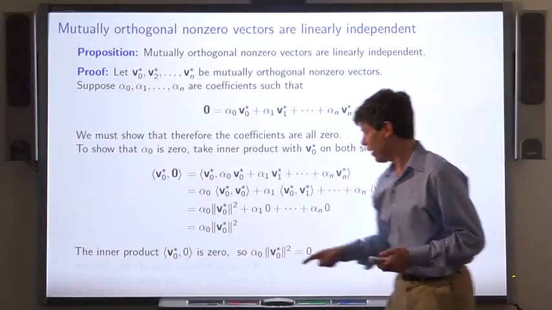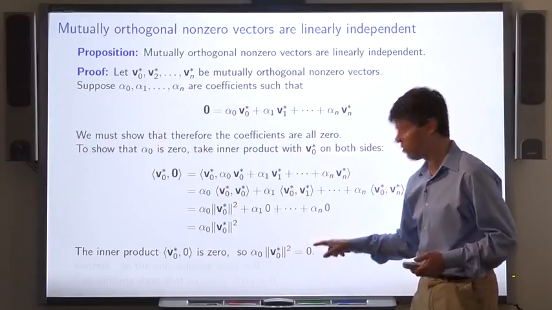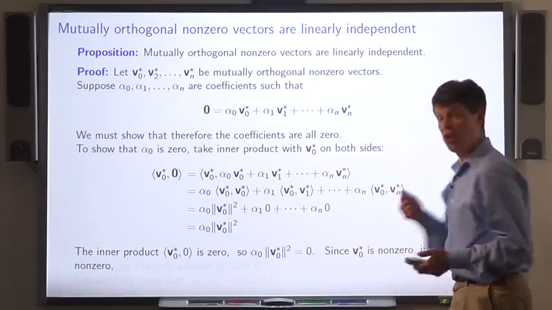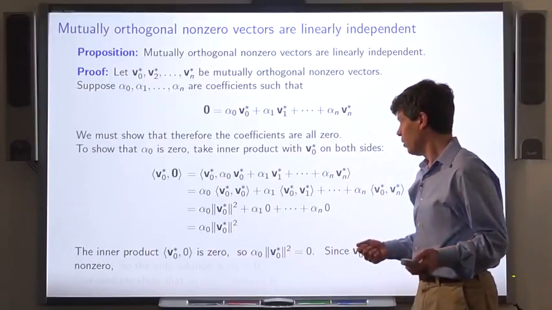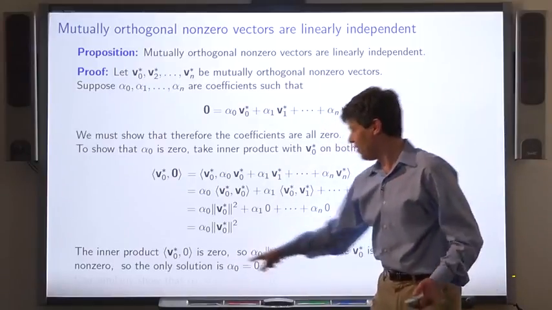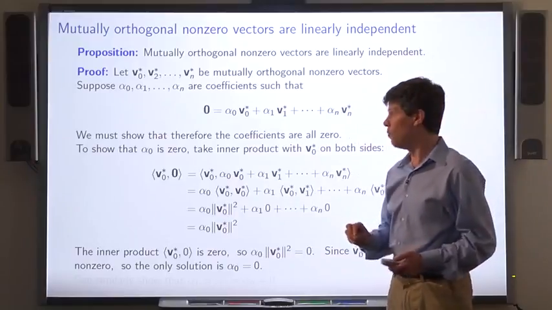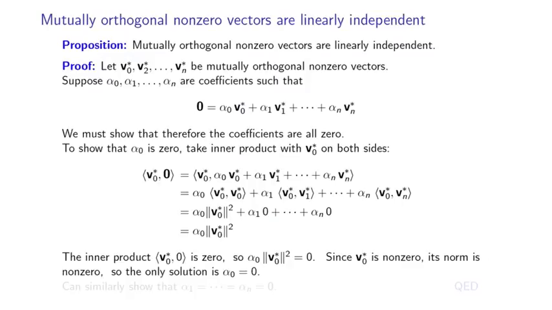So we've shown that alpha 0 times the norm squared of V0 star is 0. Well, since V0 star is a non-zero vector, its norm is non-zero. So the only solution to this equation is alpha 0 equals 0. So we've shown that alpha 0 must be equal to 0. The same argument can be used to show that all the other coefficients also have to be 0. And that completes the proof.